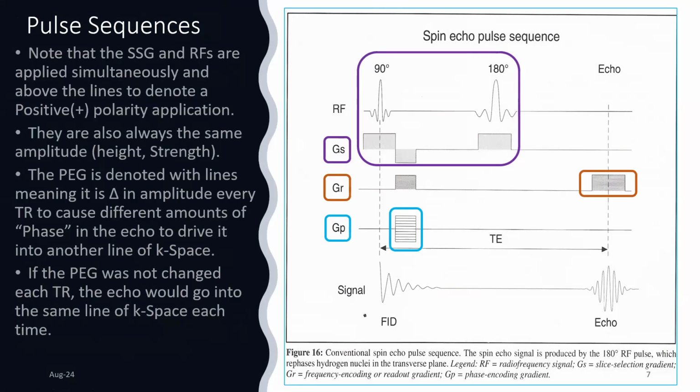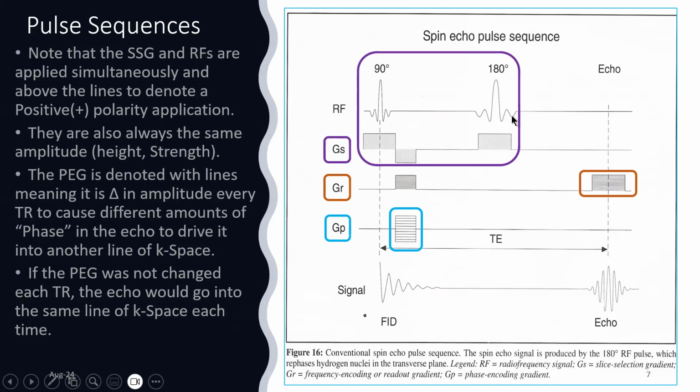Okay. Now, note that the slice select gradient and the RFs are simultaneous. So we're exciting the slice, then we're going to phase encode it, and then we're going to refocus the slice. Same gradient, same amplitude. Okay. Notice how big this RF pulse is here compared to this one. Technically, there's 4 times the RF in here.